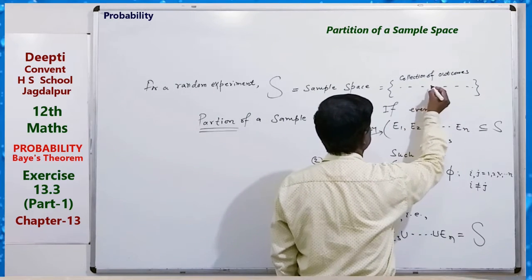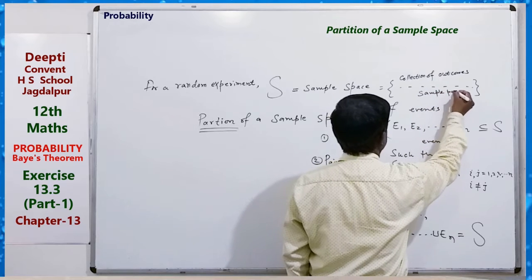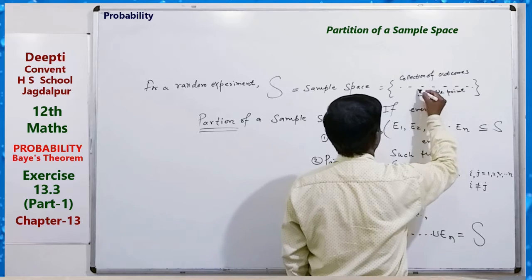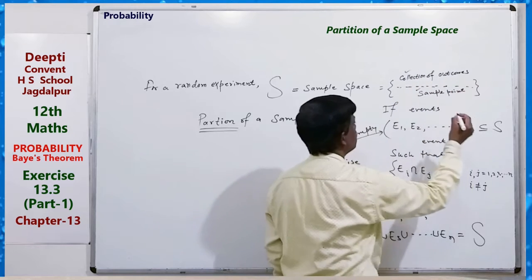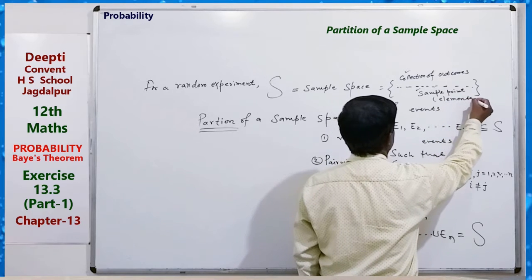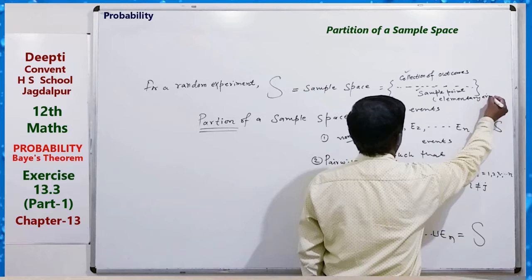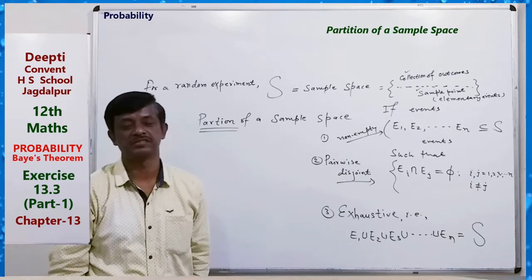That is, sample points. Sample points, collection of outcomes, these are elementary events.